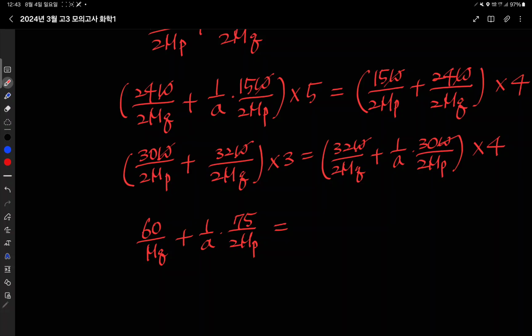On the right side, the first term is 30 over NP plus 48 over NQ.